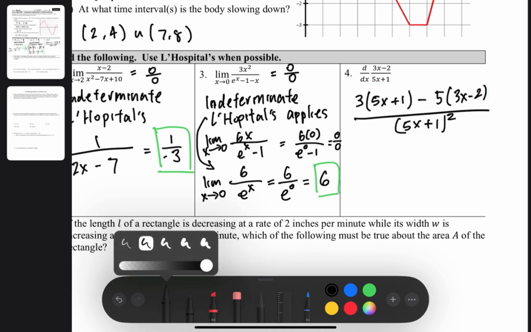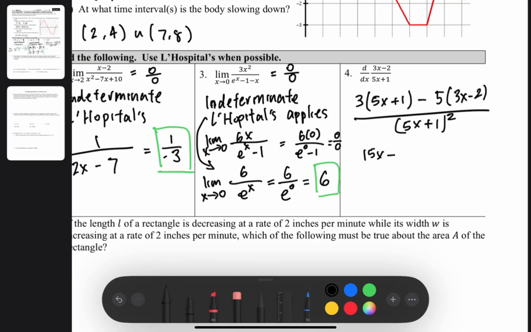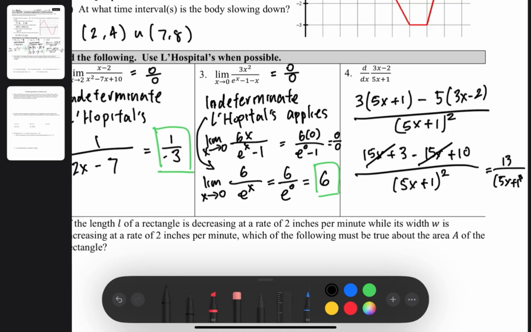So if we expand everything, we have 15x plus 3 minus 15x plus 10. The 15x's cancel out. I'm not going to FOIL it. You can if you want, but we get 13 over 5x plus 1 squared.